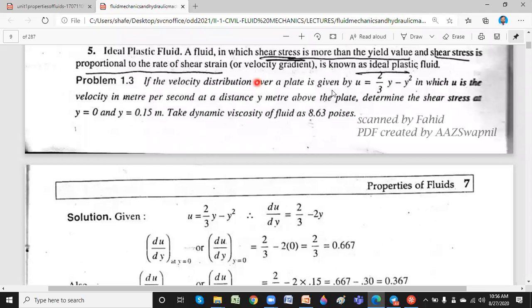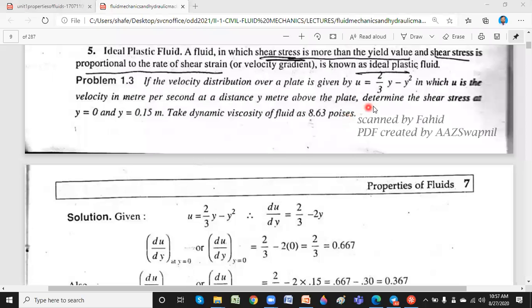Obviously, at the plate the velocity is 0, and when you go above the plate the velocity keeps increasing, the velocity is du at the top of the plate. This velocity distribution is given as u equal to 2/3 y minus y square, in which u is the velocity in meters per second, at a distance of y from the plate.